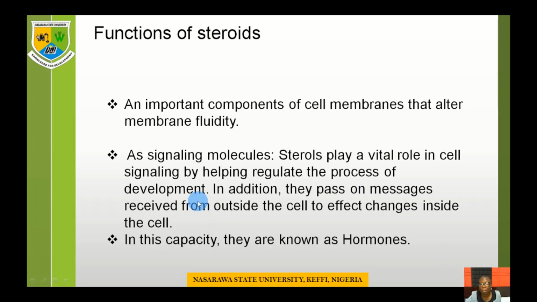All right, they can pass messages to the nucleus where you have your DNA, and they regulate protein synthesis. So they are very, very important signaling molecules. By the time you get to 300, 400 level, you'll be able to see this particular function of hormones, where they regulate the process of development.